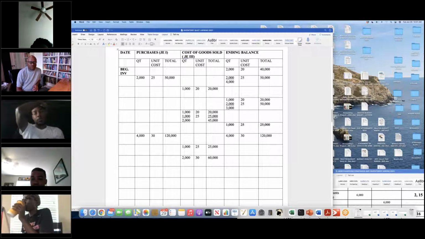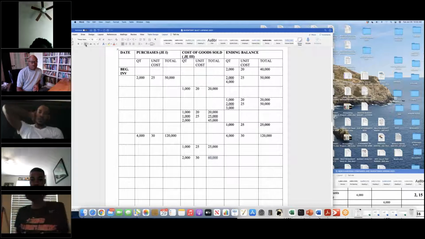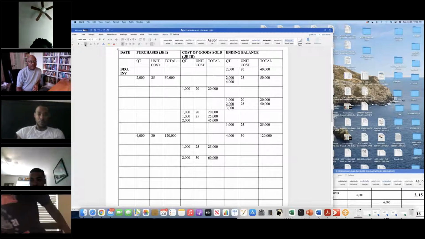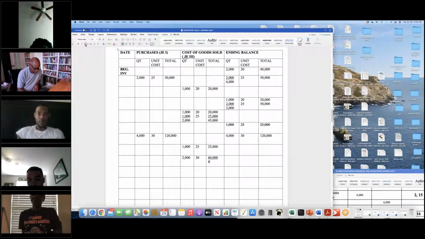So our total is gonna be 85,000. And so with this 85,000, at this point we know, with our inventory left, we simply have 2,000 at 30, so 60,000.